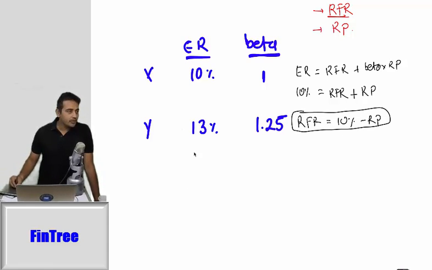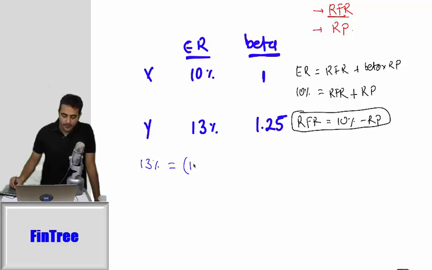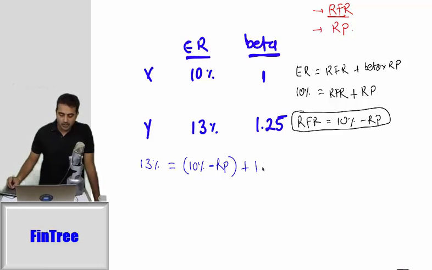Now let us build the equation for the second one. So second one would be 13% is equal to, now instead of RFR I am plugging in this value, 10% minus the risk premium, so that's your RFR, plus 1.25 into the risk premium.